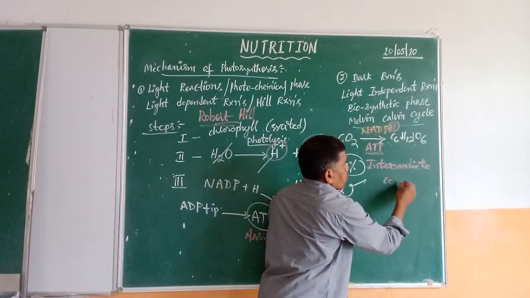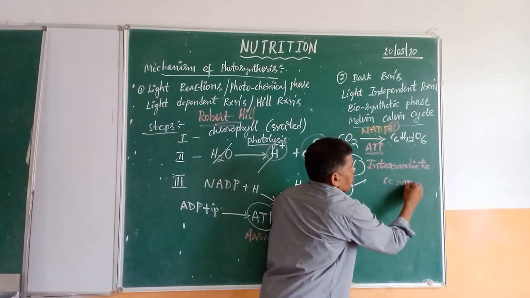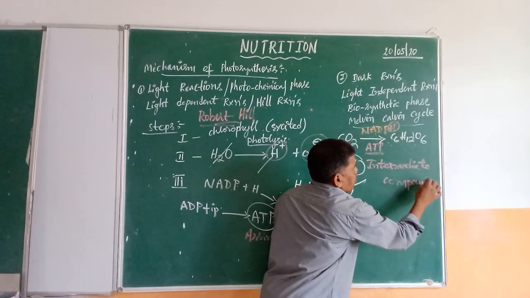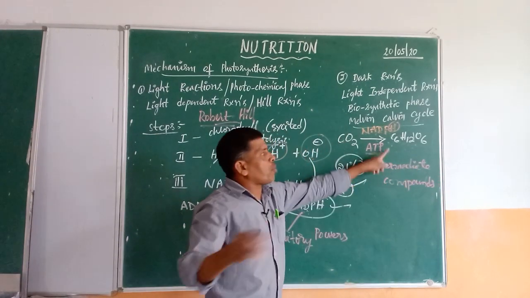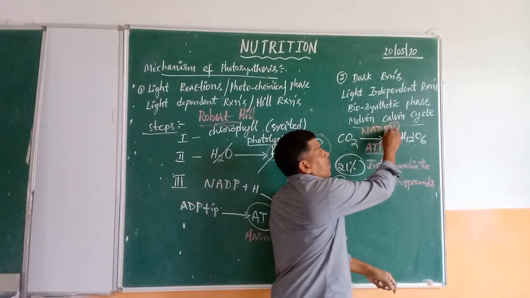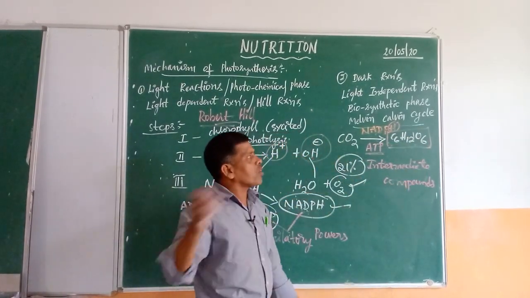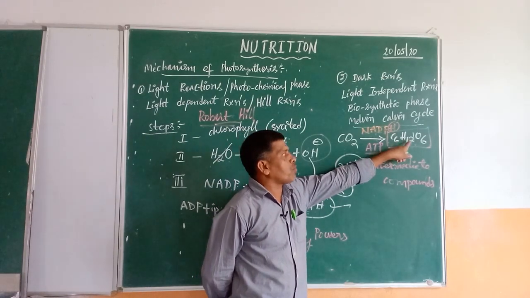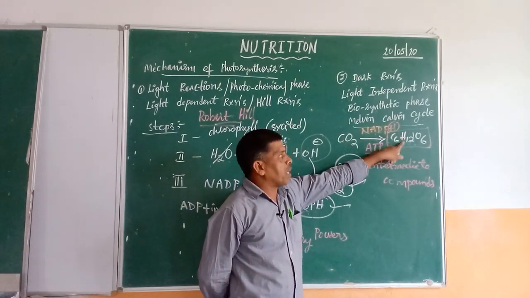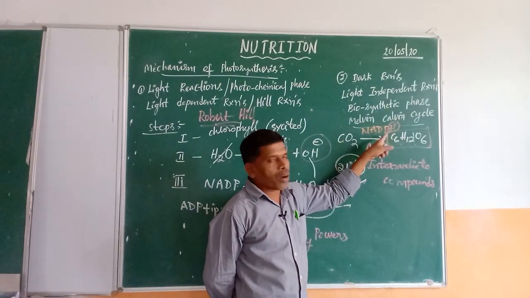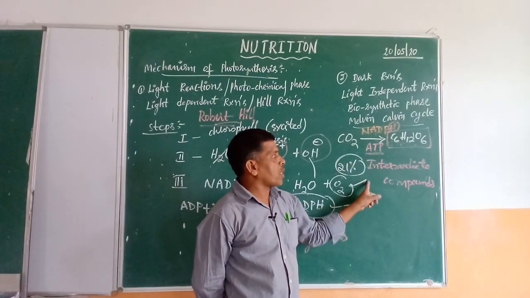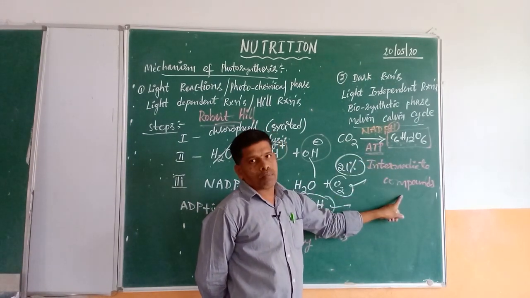The compounds which are used before the formation of the final product. What is the final product? That is a carbohydrate molecule, the glucose molecule. So whatever earlier substances, earlier products we are getting before the formation of glucose, such substances are called intermediate compounds, right?